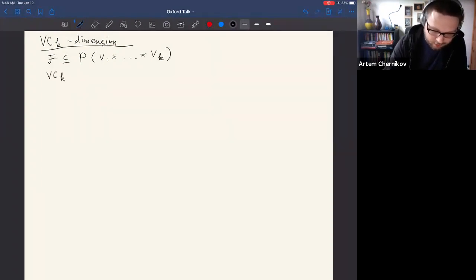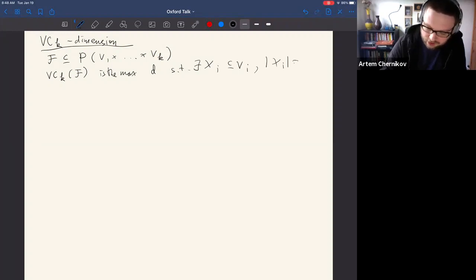Now we can talk about the VCk dimension of this family. This is the maximal d such that there exist some sets Xi, subsets of Vi, each of size d, such that the box is shattered.